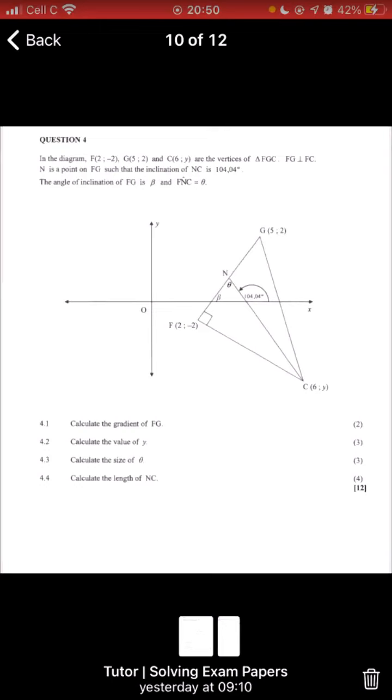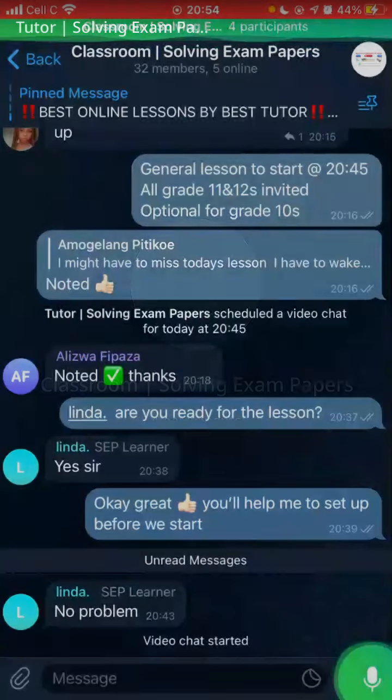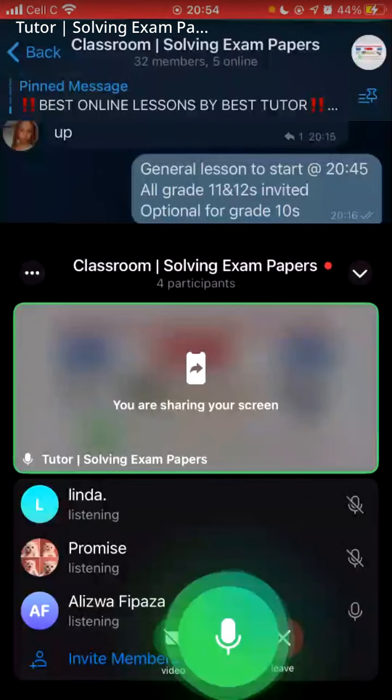So now I'm going to stop sharing my screen, and then separately stop sharing. I hope it has stopped sharing my screen. Now let me bring back my screen. Guys, are you now able to see my screen?